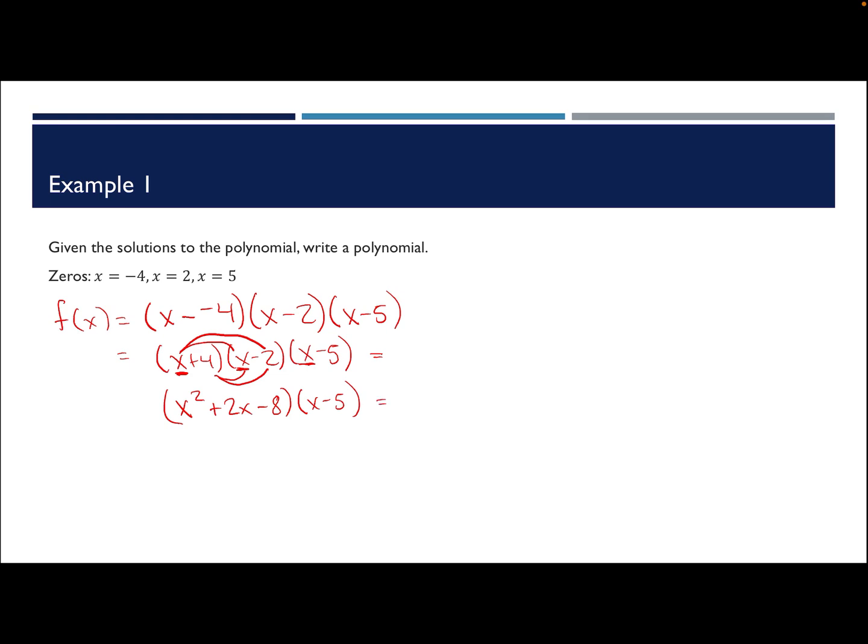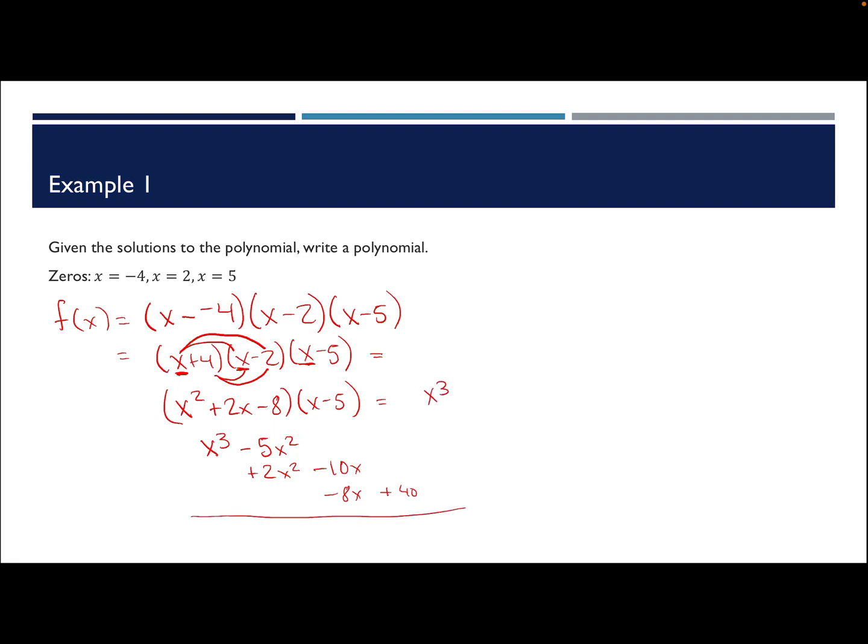And then this is going back to when we did multiplying functions. So we get x cubed minus 5x squared, and then plus 2x squared minus 10x, and then minus 8x plus 40.